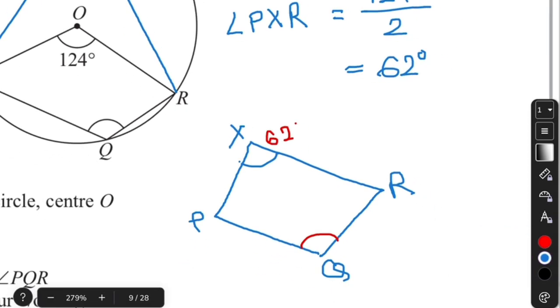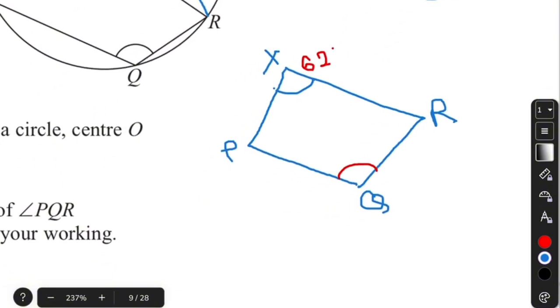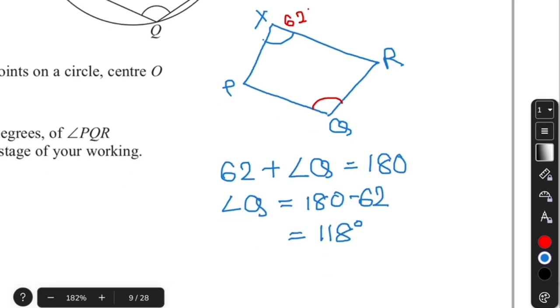We can now easily do it, as we know that opposite angles in a cyclic quadrilateral add up to 180 degrees. So we can simply do 62 plus angle Q equals 180 degrees. That will mean angle Q equals 180 minus 62. That will give us the answer, this 118 degrees, which is the angle they told us to find.